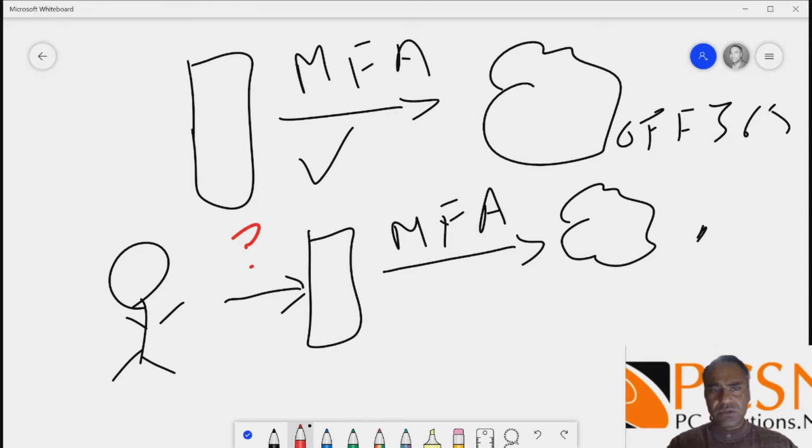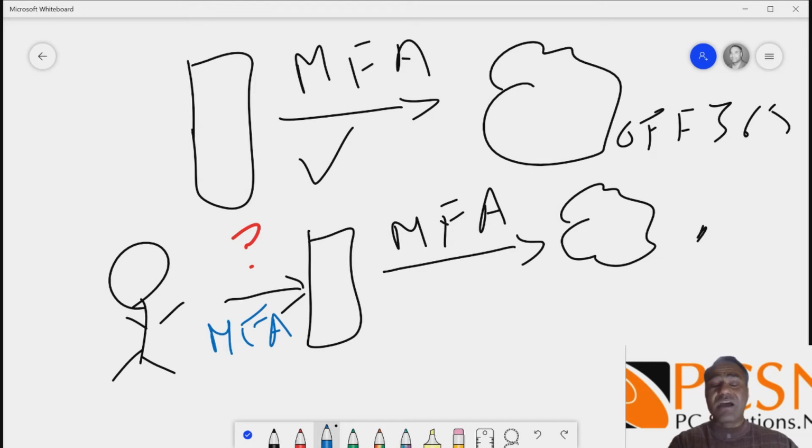So the solution, it would seem, would be to somehow enable MFA right here. So now when a user logs into their machine using MFA, it doesn't matter what kind of interface they're using here between the user and their computer, their work machine.